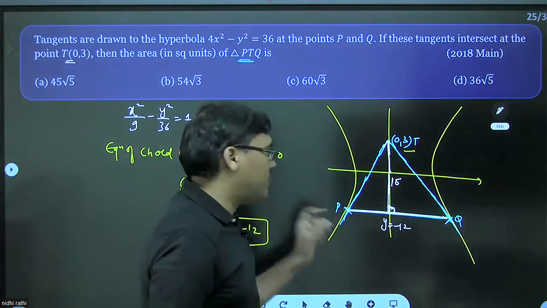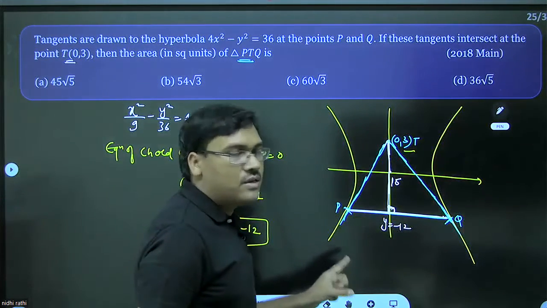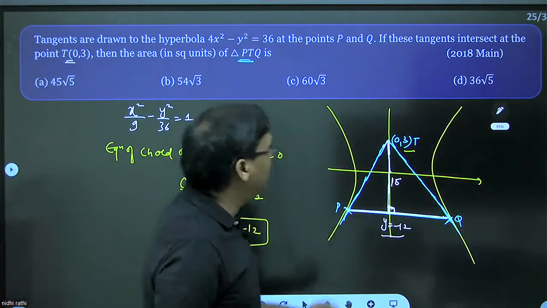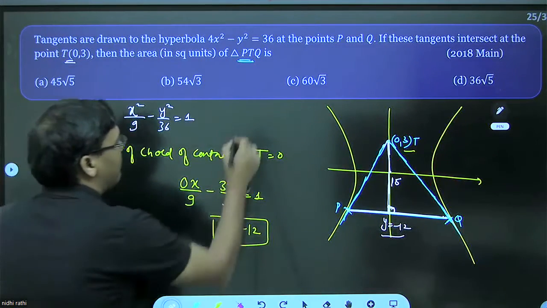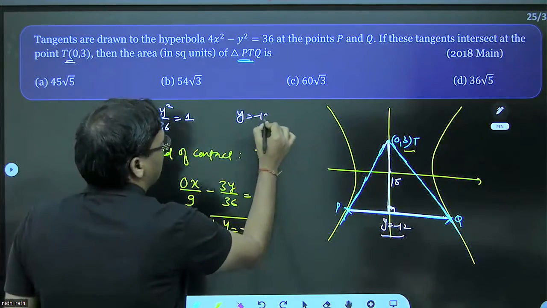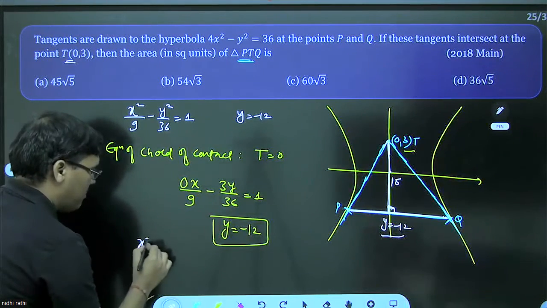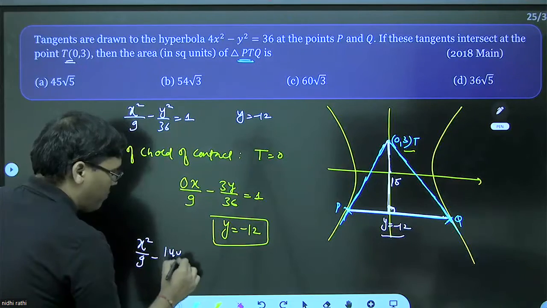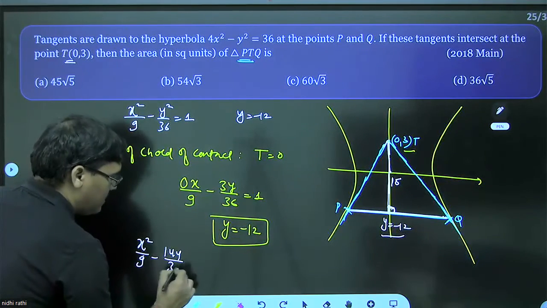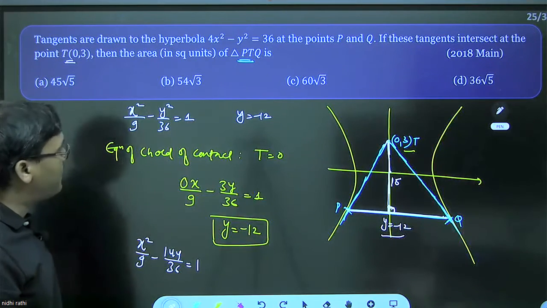Now, how will you find PQ? You know the equation of this line, y equal to minus 12. Now I solve y equal to minus 12 with the hyperbola. Substituting, this is x squared by 9 minus 144 divided by 36 equal to 1. 144 by 36 is 4, so x squared by 9 minus 4 equals 1, and x squared is equal to 9 times 5, that is 45. Check: yes, this is correct.